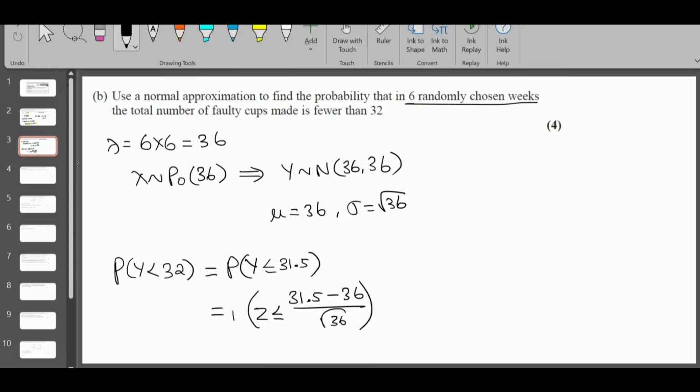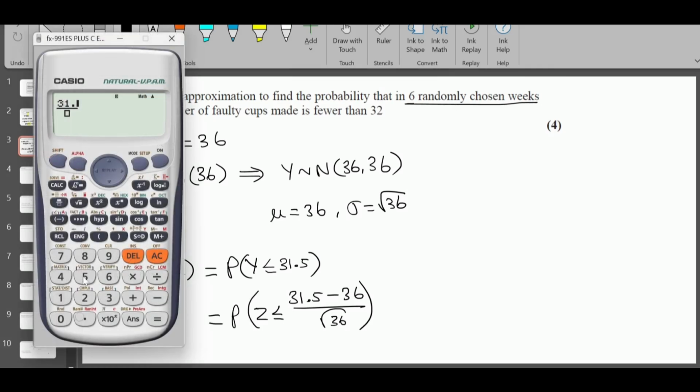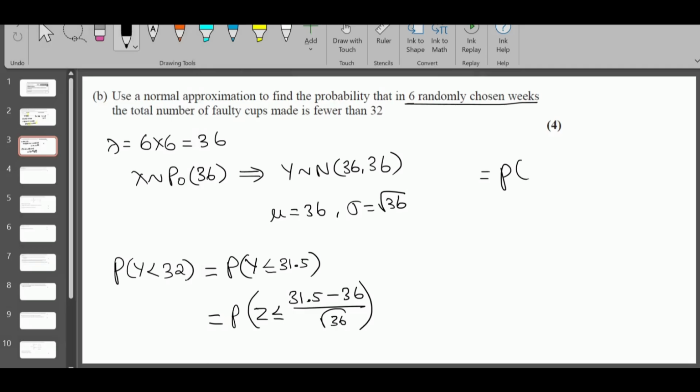And then you should find the probability using the normal distribution method you learned in S1. 31.5 minus 36 over the square root of 36 is equal to P of Z less than or equal to minus 0.75, which is the same as 1 minus P of Z less than or equal to positive 0.75.